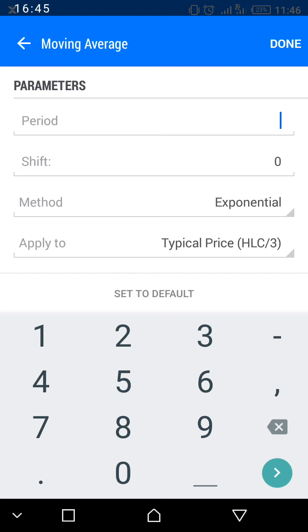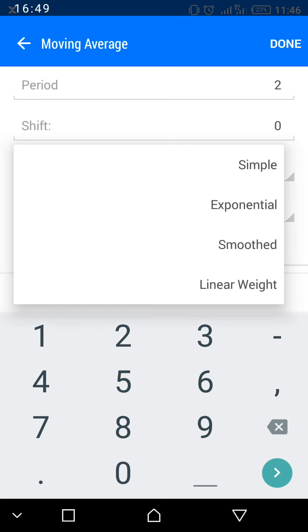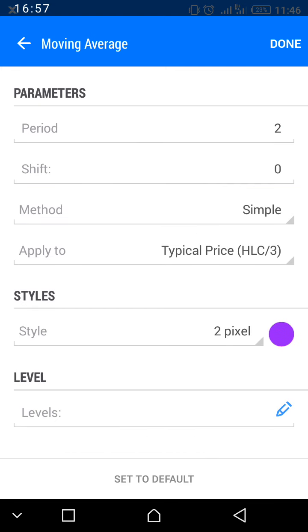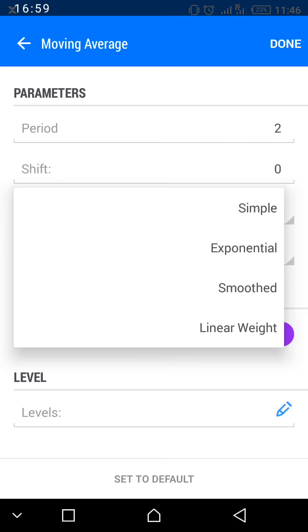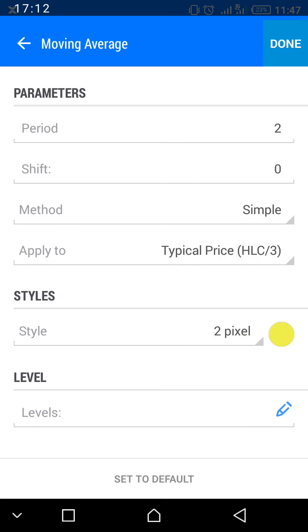So you set the period to 2. This time the method is simple, and applied to is typical price, HLC divided by 3, and the color is yellow. The second column yellow, and done.